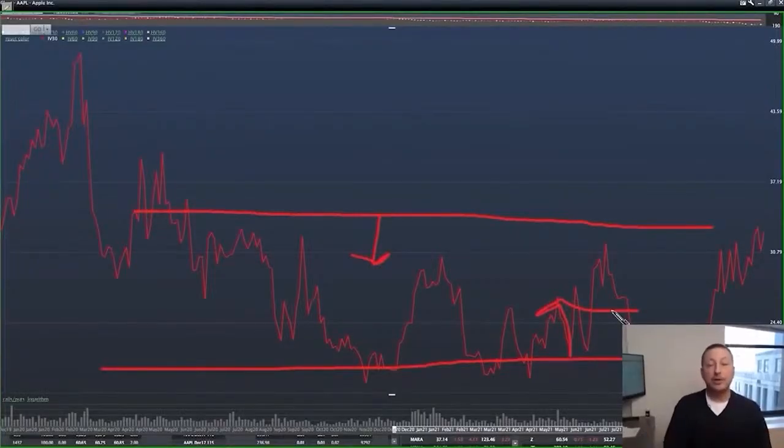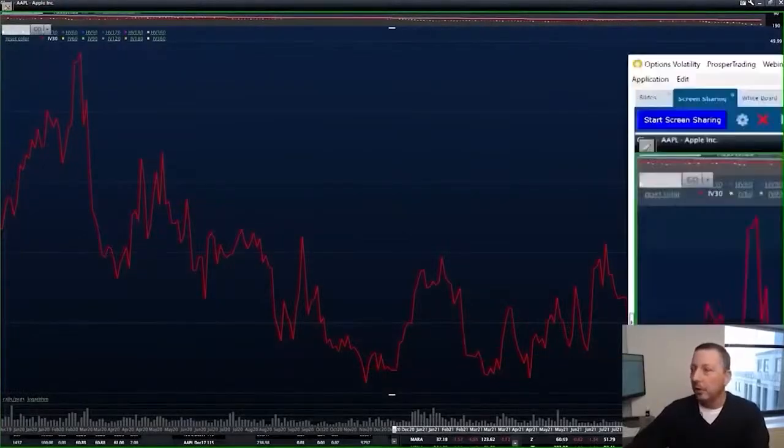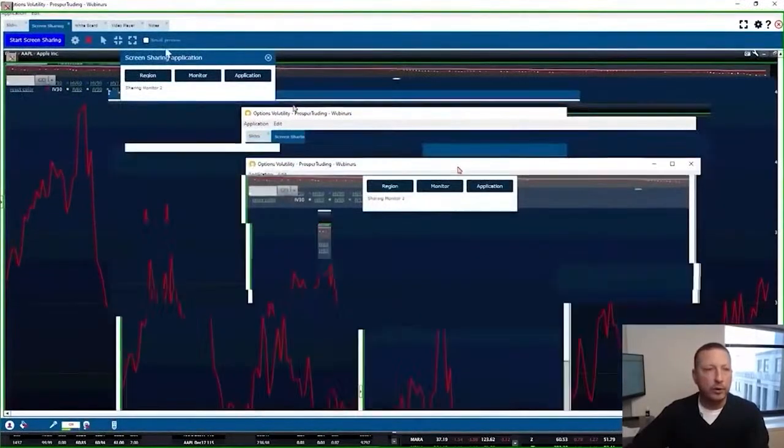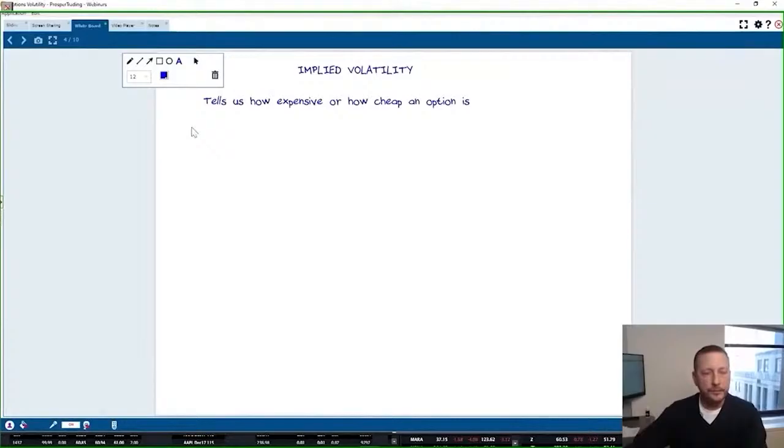Now, the key as traders is to know how to take advantage of that. And not to make this too simplistic, but essentially, you want to sell when something's expensive and you want to buy when something is cheap. It's no different with implied volatility. So let's get back to our whiteboard. IV, or implied volatility, always has a range.